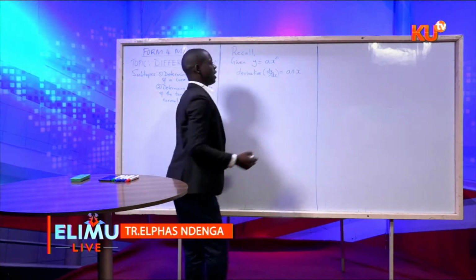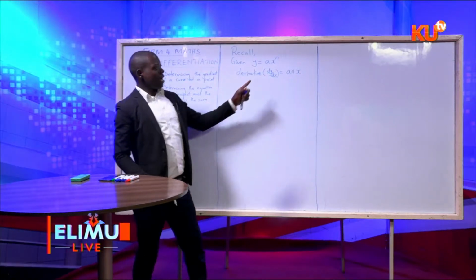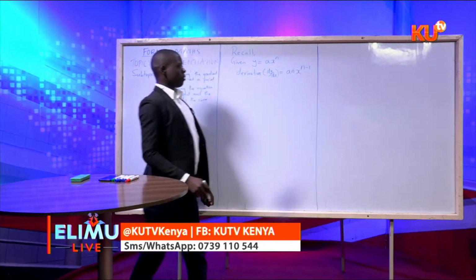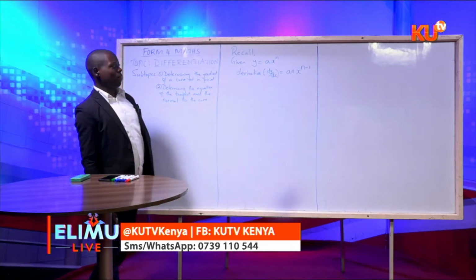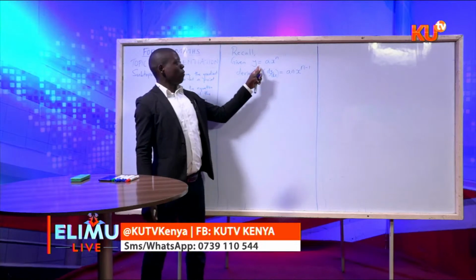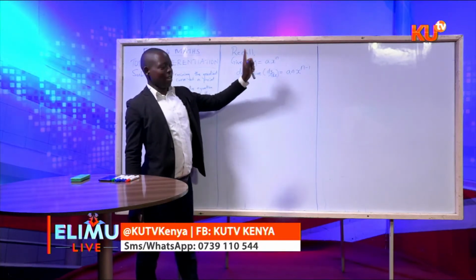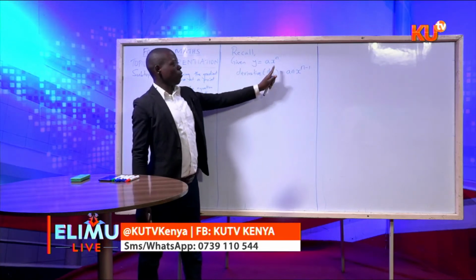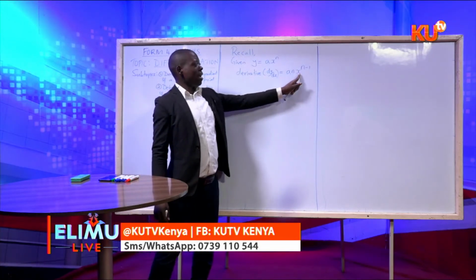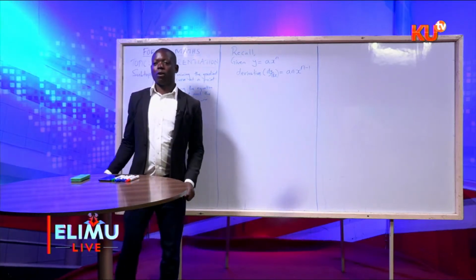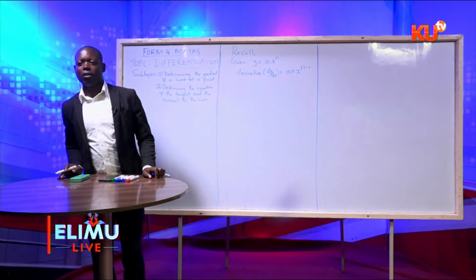Then x retains its position, and we subtract 1 from the power. Therefore, the derivative of the function y is equal to ax power n gives us dy dx, which is anx power n less 1. That is the general principle of differentiating polynomials.